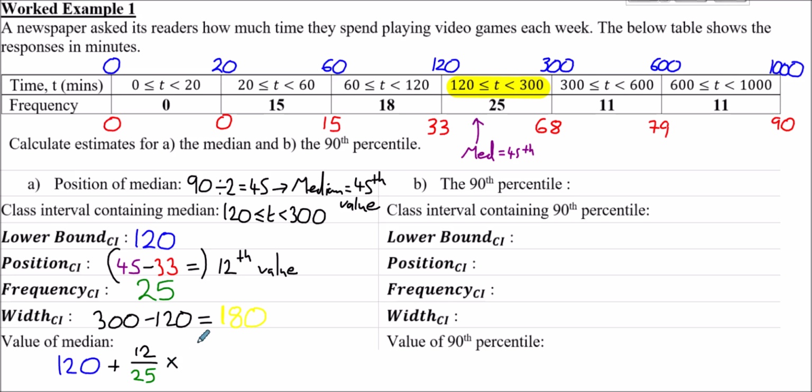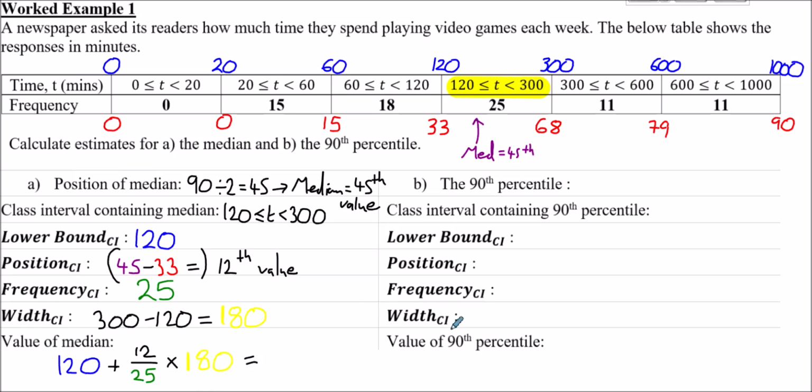The median is almost halfway in; 12 25ths is about halfway. So we start at the beginning of the interval and go a fraction of the interval into it. So this fraction of 180, and that will give us the estimated value of the median.